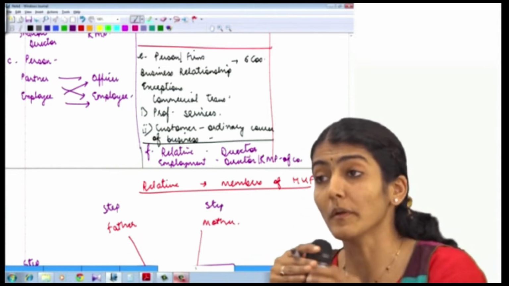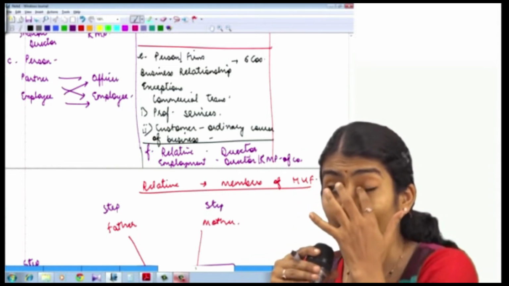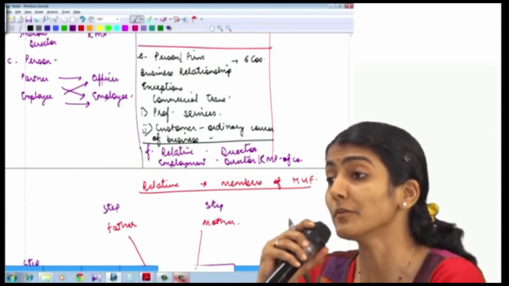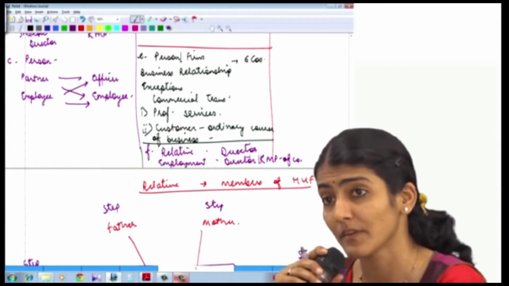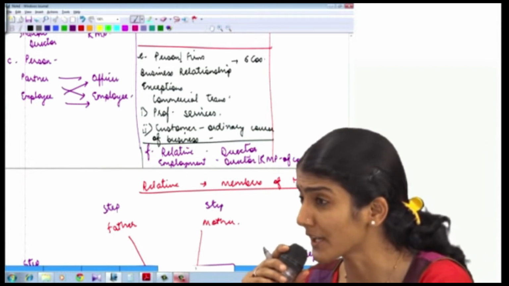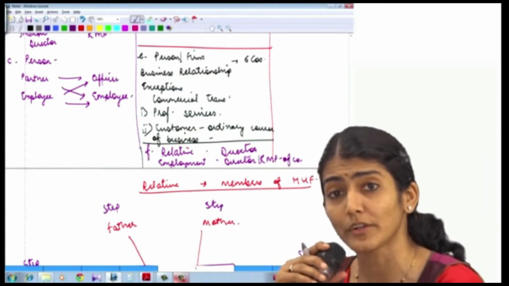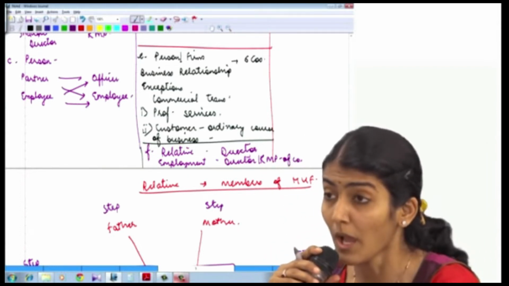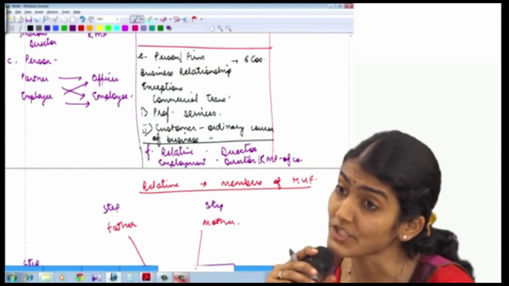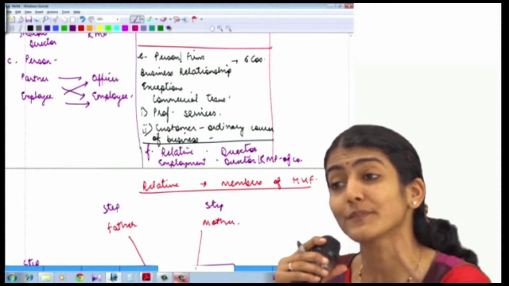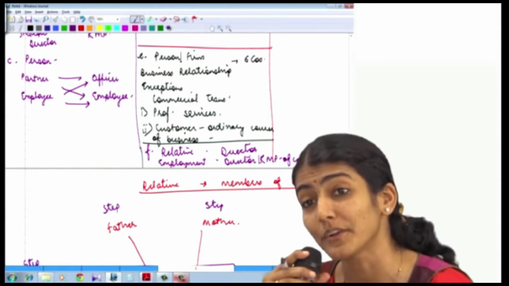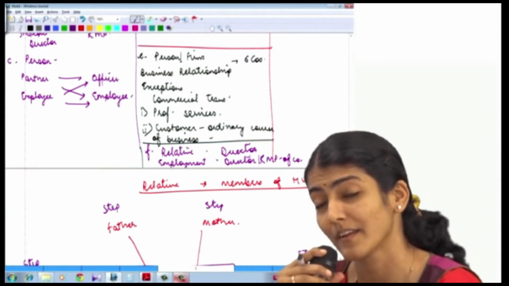You understand? So if my mother is the managing director of Jio Limited, can I do the audit of Jio Limited? No. My sister is the managing director of the subsidiary of Jio Limited. Can I do the audit of Jio Limited?